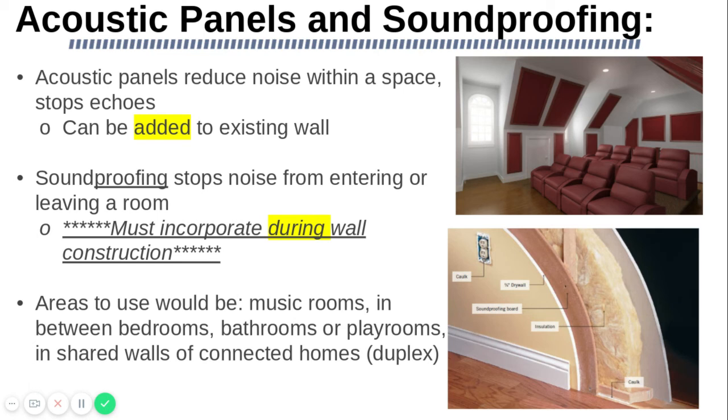You were designing the house, not the shop part, and you needed to make the wall that connects the house to that loud room, like the shop, soundproof, then this is something that you should know about as an interior designer, as this is one of your options that you could do.